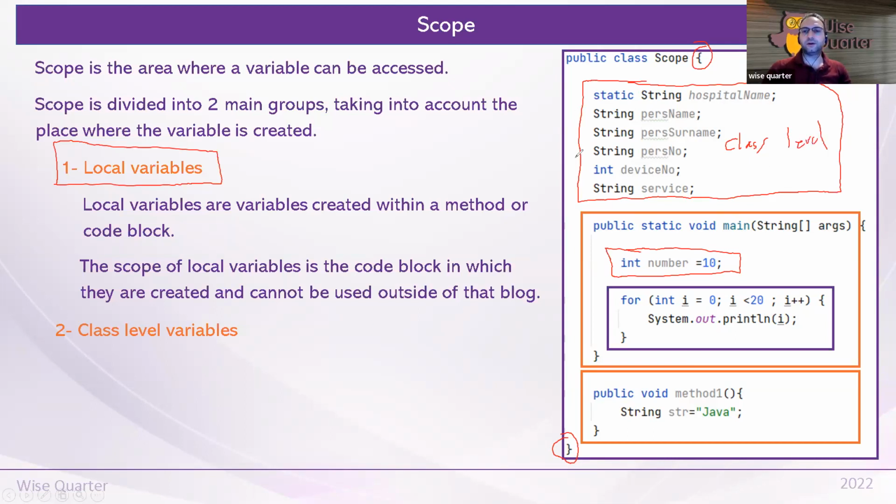As you can see, they are created here inside of nothing. They are just there in the class, and because of that, we call them class level. What's the difference? When you create a class level variable, it can be reached from all the methods. The scope of this variable is very comprehensive. When you are here, you can see all the methods.